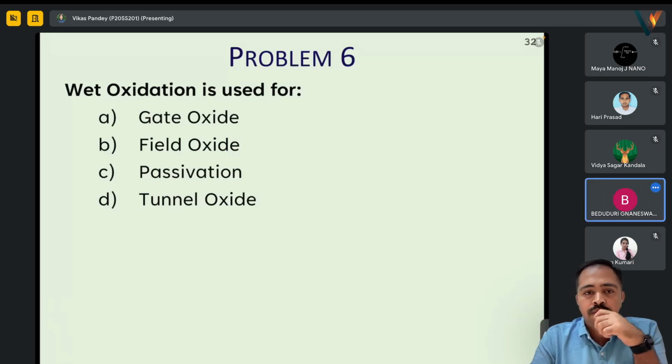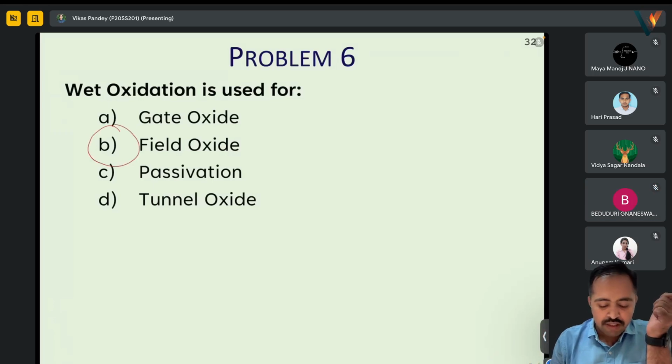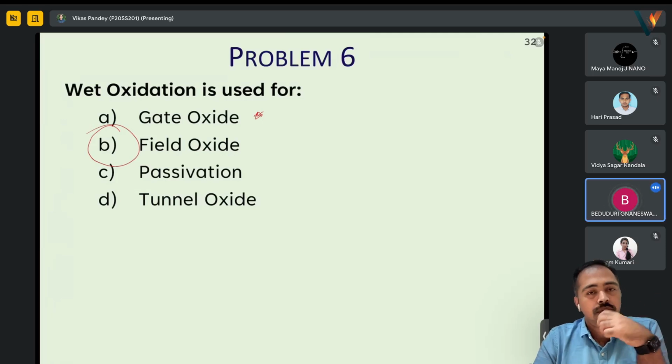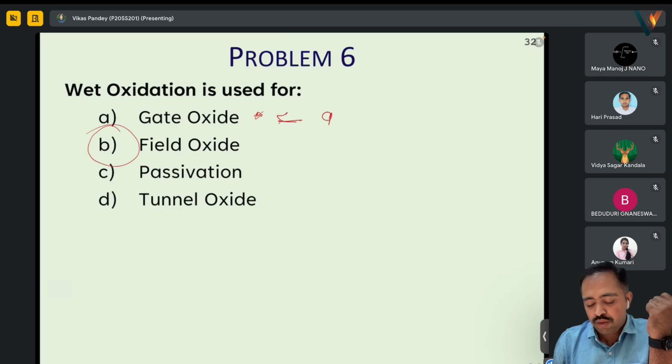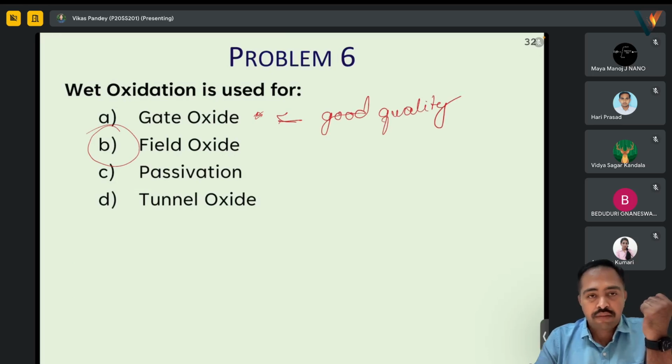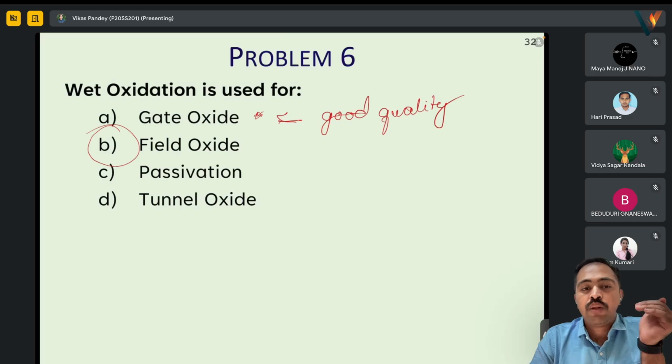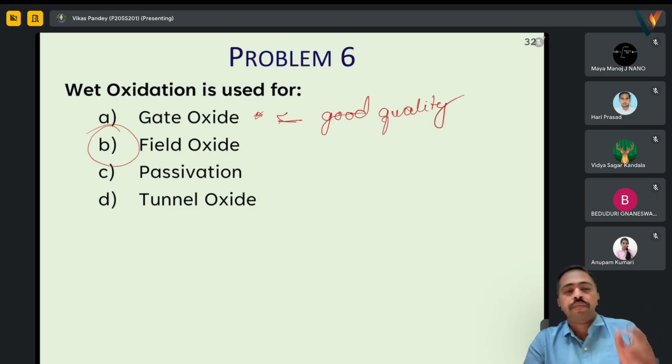Field oxide. And why not for gate oxide? Gate oxide should be very thin and it should be very uniform. So it should ideally be a good quality one. And we know that in case of wet oxidation, the quality is lower, right? So we cannot go for wet oxidation for gate oxide.